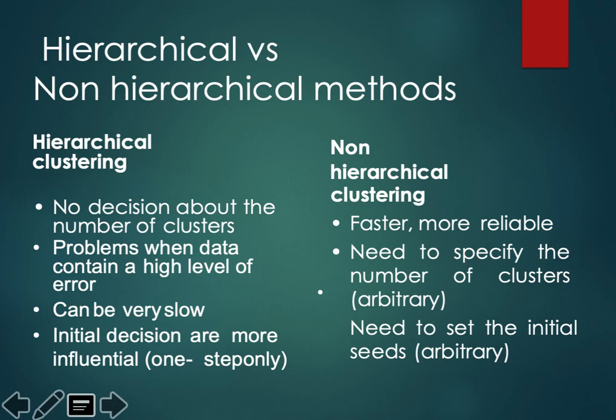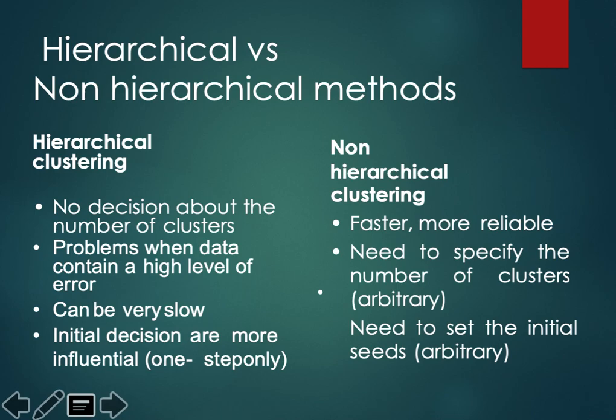So you see the different levels that they have to go through. Non-hierarchical clustering is much faster and more reliable, but you need to specify the number of clusters arbitrarily, okay? And also the need to set up initial seeds. Okay, so basically you need to have a plan because you do not want the data to be scattered all over the place with too many categories.